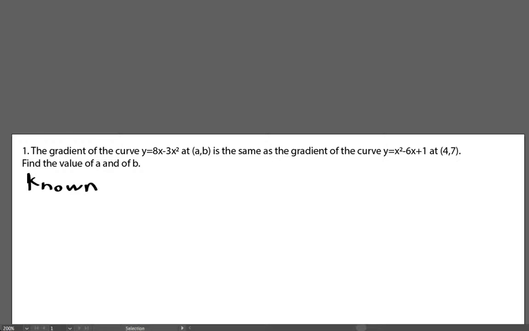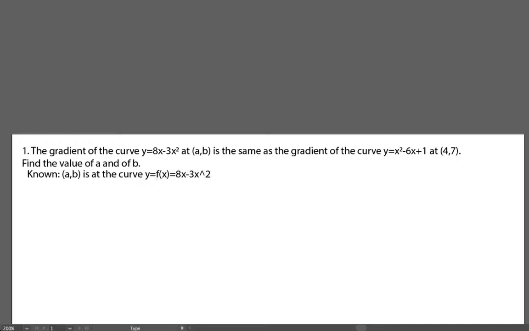The first one is that the point (a, b) is on the curve 8x minus 3x squared. Let's call this function f of x. So y equals f of x.